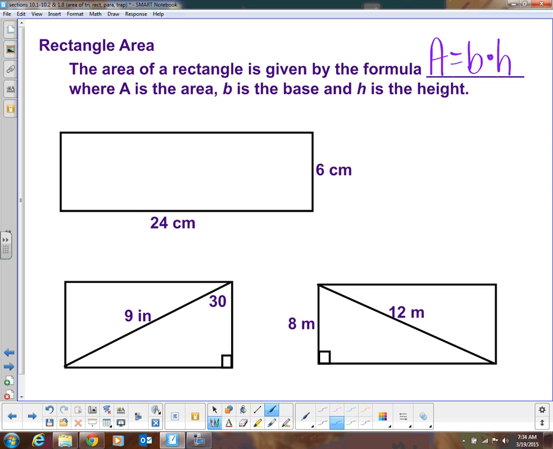So if you wanted to find the area of this figure, what would it be? 24 times 6. The reason why is because this is the base and this is the height, because the relationship between any base and any height is what, Karen? Perpendicular.